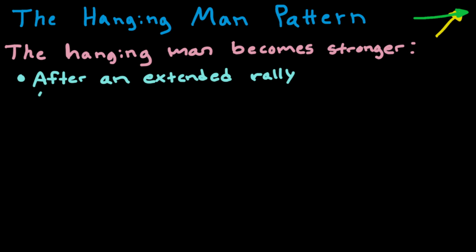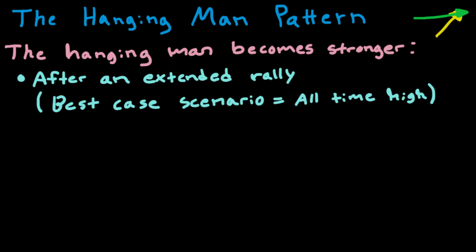And also, the best case scenario here could be that the hanging man actually occurs at an all-time high. The hanging man also becomes stronger if we get a confirmation. So if we have a rally here, we see that the hanging man appears.